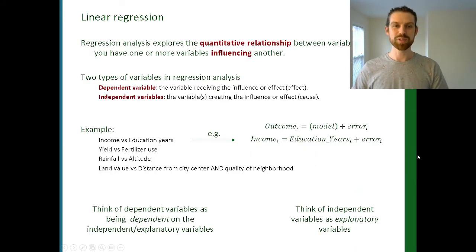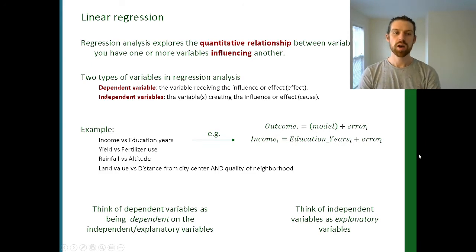Apologies for the minor rewording there. Essentially you have these two factors. You have the dependent variable, which is the Y, and the independent variable, which is the X. The dependent variable is the variable that we're going to use as the outcome effect.